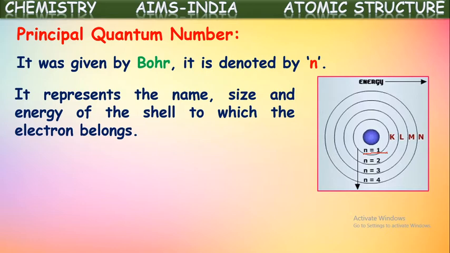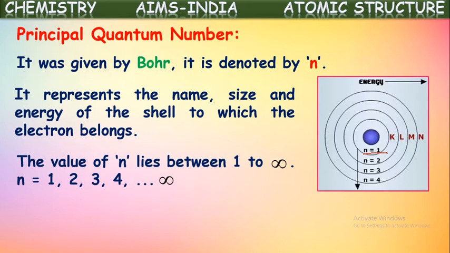In the same way, the electron's energy in that orbit can also be calculated by using a formula. So if we know the principal quantum number value, we can find the name, size, and energy of the shell to which that electron belongs.